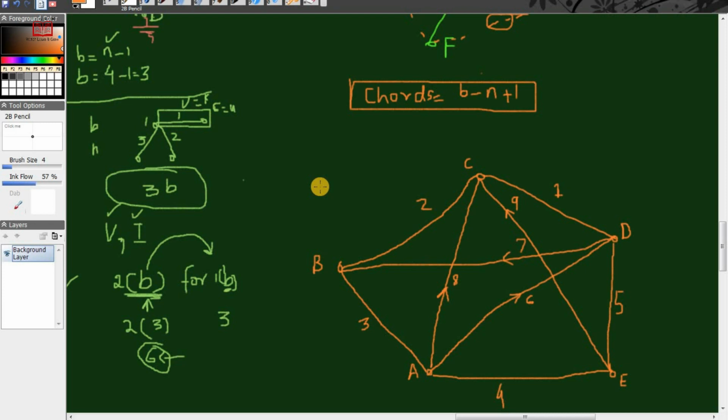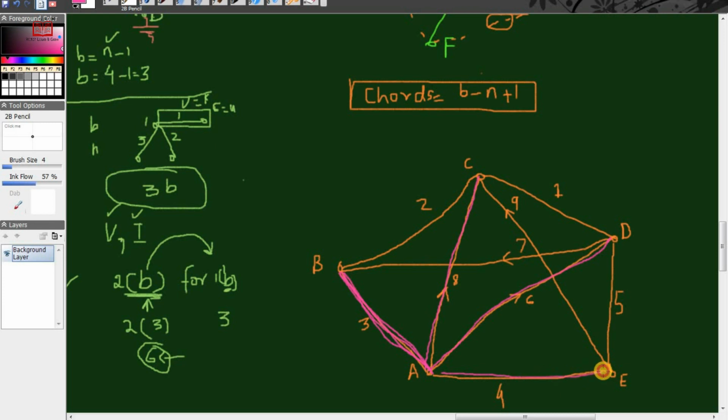Now, let me select another color so that we can explain it. This is my first joining point, node A to node B with this color, and this is my first branch of the tree. This is my second branch of the tree. This is my third branch of the tree.